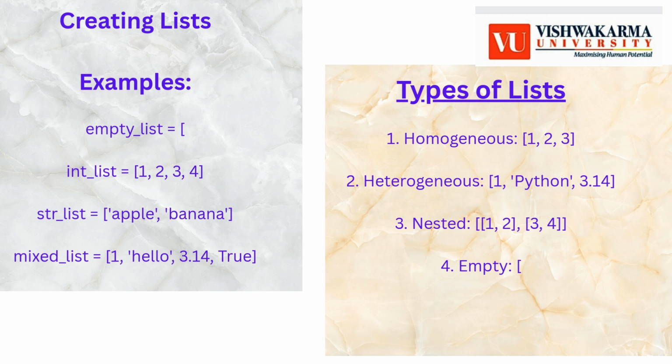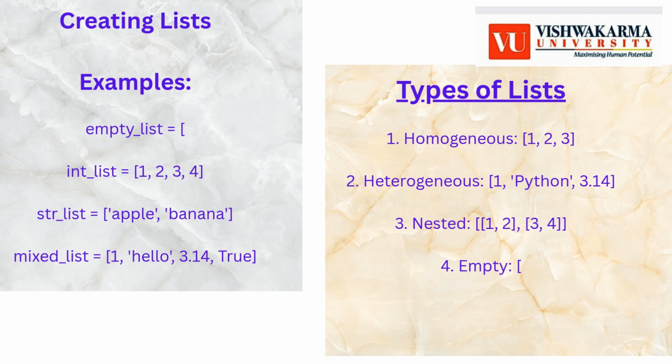Let's see the types of list so you will get a better understanding. What types of list can it be? First is homogeneous. Homogeneous means, as we have seen, 1, 2, 3, 4, the same type of information, the same type of value.